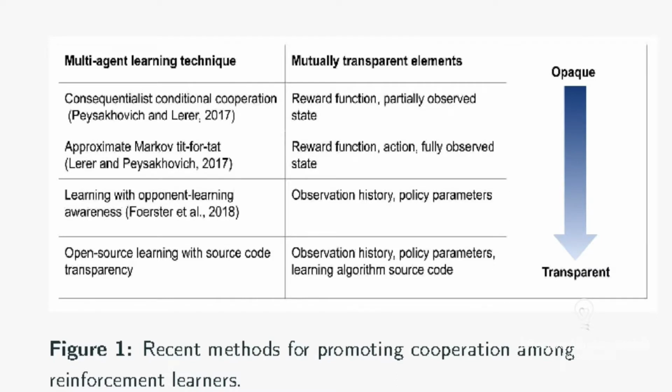Okay, this next page is a table with a lot of text that's not so important to read through. The upshot is that I've listed some recent papers on cooperation among deep reinforcement learning agents, where the agents are more to less opaque. In this first case, consequentialist conditional cooperation, the agents can't see one another's actions.